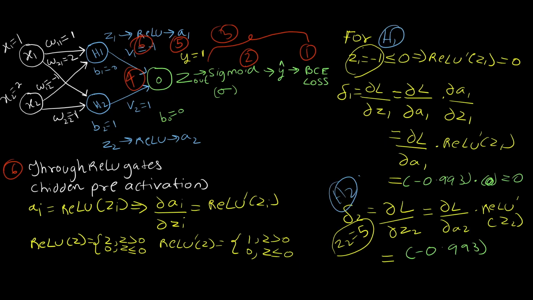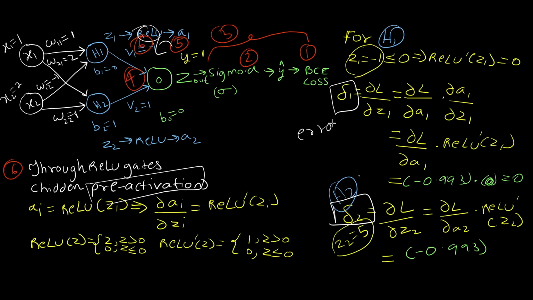Now we're going to pass the gradients back to the previous layer, which is the hidden pre-activation, through the ReLU gate itself. After this we're going to calculate the error signal from the hidden layer neurons, H1 and H2 respectively.